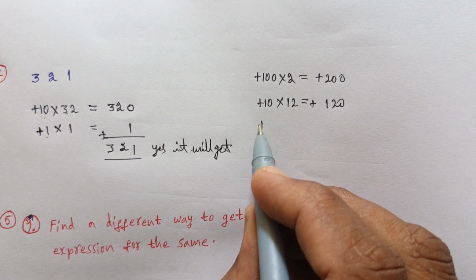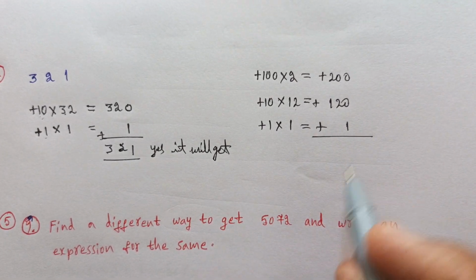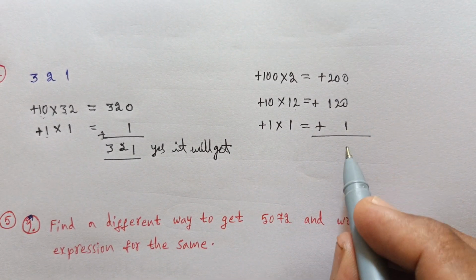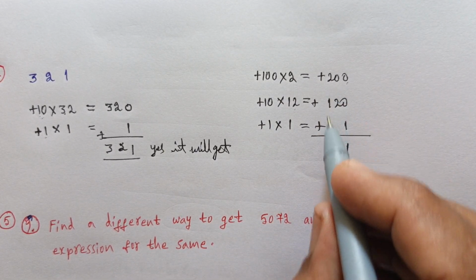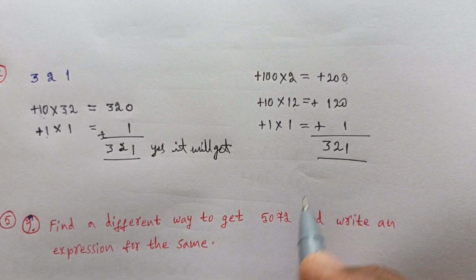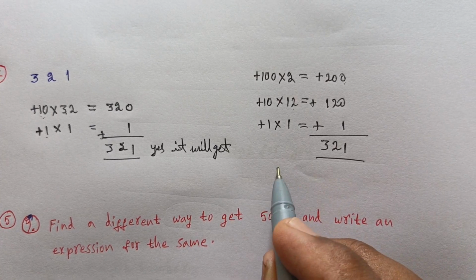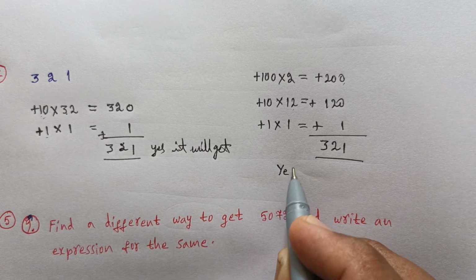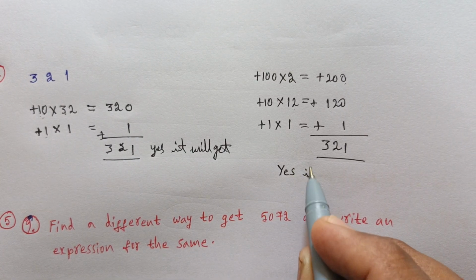Next, the plus 1 button one time, so the answer is 1. If you add 0 plus 0 plus 1 is 1, 0 plus 2 is 2 in the tens place. Next, in the hundreds place, 2 plus 1 is 3. So with this combination also, we get the same result, 321. So for this also, yes, we get it.